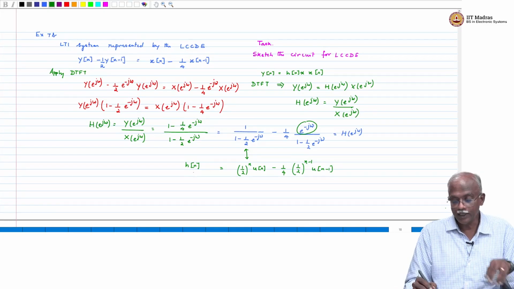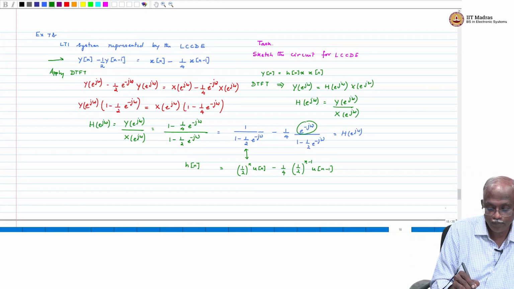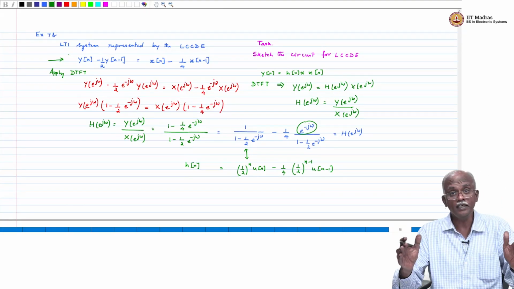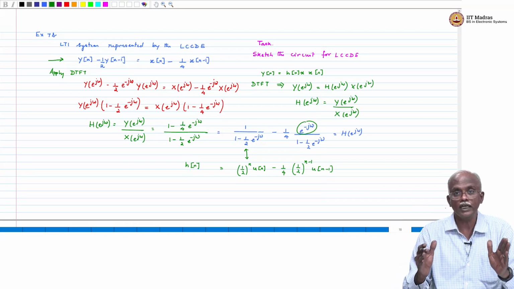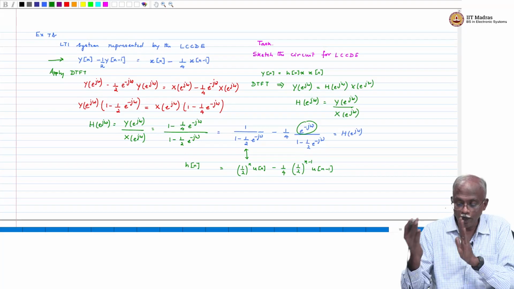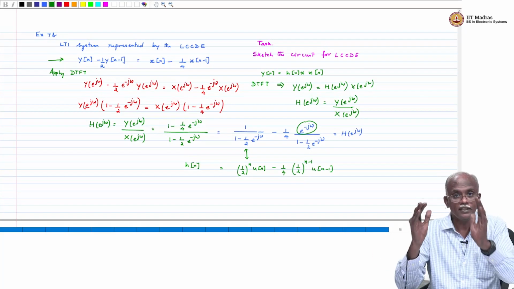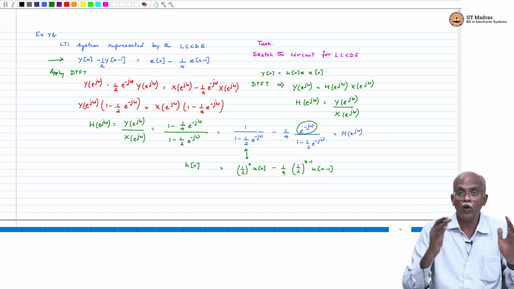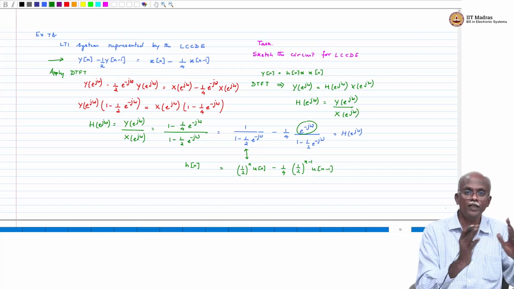So, this is the impulse response that is characterized by this LCCDE, and this is a very, very useful result and a very useful way of computing the inverse Fourier transform. You look at the Fourier transform pairs that you already know and then use that to obtain the mapping back to the time domain.